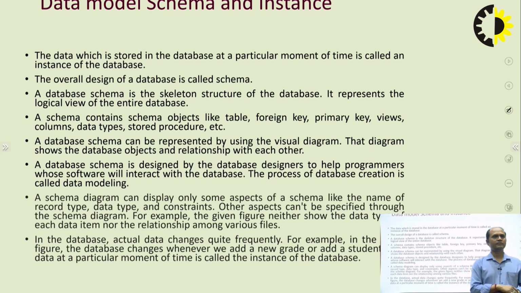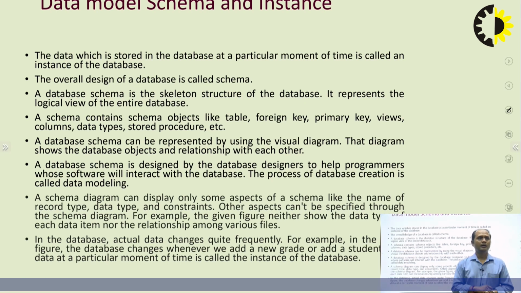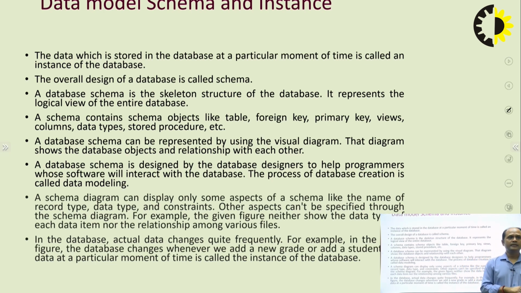After the data models, we discuss data instances and schemas. The overall design of a database is called a schema, and the data stored in the database at a particular moment is called an instance of the database. The schema contains objects like tables, foreign keys, primary keys, views, columns, data types, stored procedures, etc. A database schema can be represented by visual diagrams that show the database objects and the relationships between them.